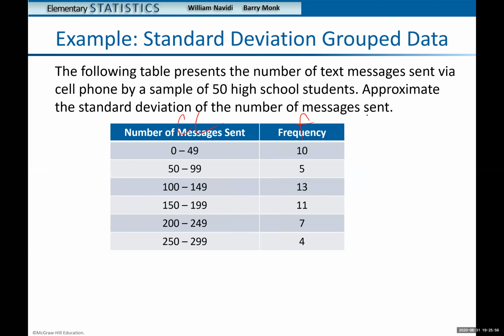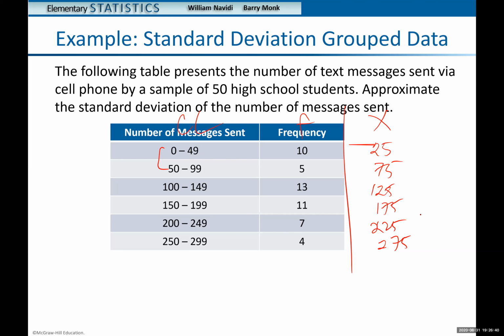Okay, if you go back on the very first slide, the given, you have the f and the class midpoints x. What's the first class midpoint again? 50 plus 0 divided by 2 is 25, 75, 125, 175, 225, and 275. So we just need to enter all these numbers into our calculator.